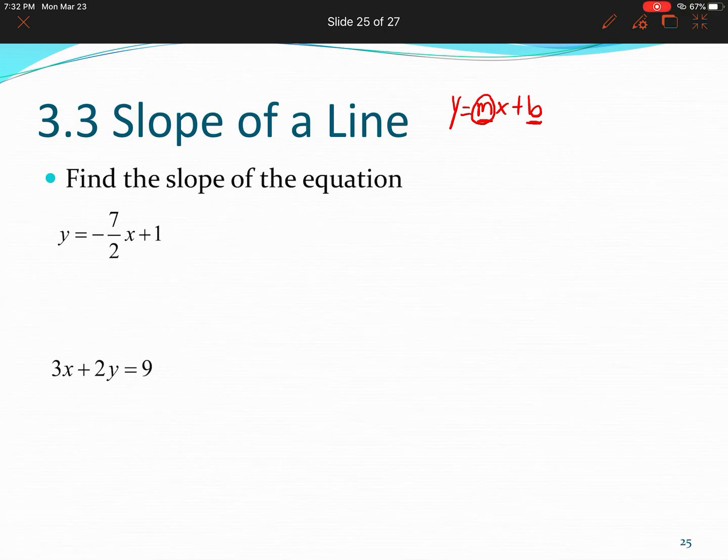In this first example, the equation is already in that form. It's already y equals negative 7 over 2 x plus 1. Well, that's y equals mx plus b, and the m is the number we're looking for. We want to know the slope, and that is, in this case, the negative 7 over 2. And so we're just going to say that is our slope.